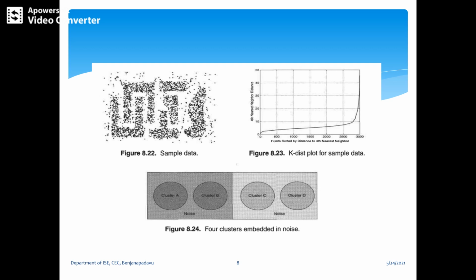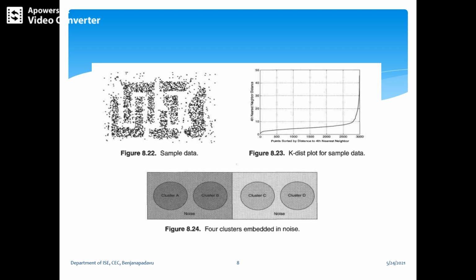Here in this diagram, if the value of k is too small, then even a small number of closely spaced points that are noise or outliers will be incorrectly labeled as clusters. If the value of k is too large, then small clusters whose size is less than k are likely to be labeled as noise.